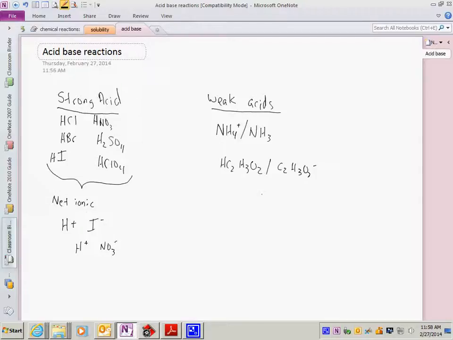This is an organic acid, which looks like this: carbon, carbon, OH, double bond O, and then H is here. So the only difference between this organic acid and another one is the chain could be longer or it could be shorter. This right here is our carboxylic acid.